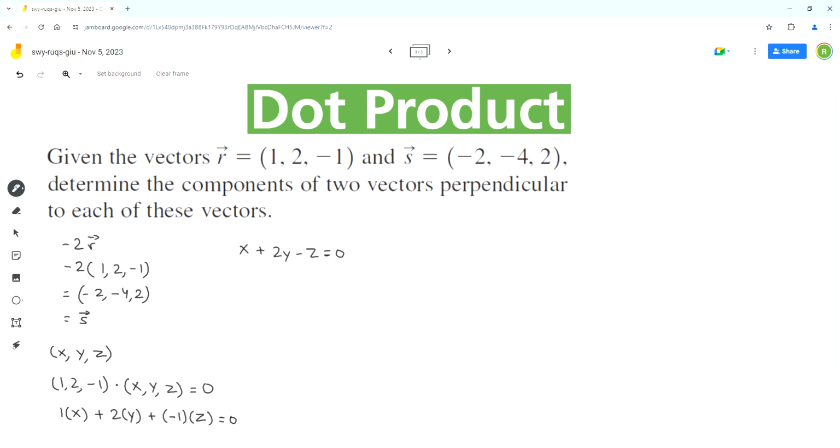So for the first vector that we have to find, let's assume x is equal to 1 and y is equal to 1. So we can sub in these values in this equation. Now we can simplify this equation.